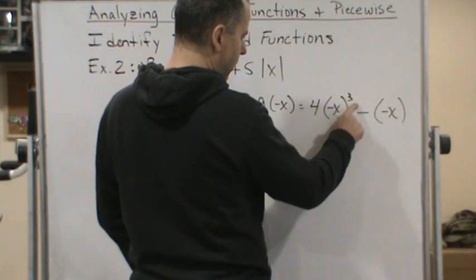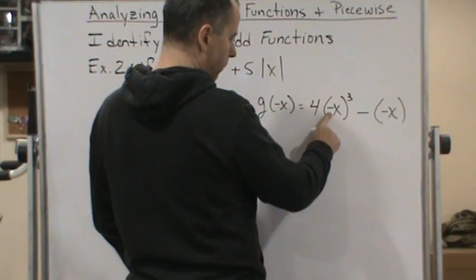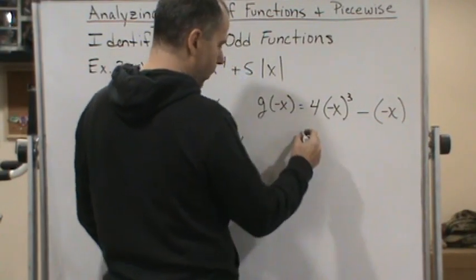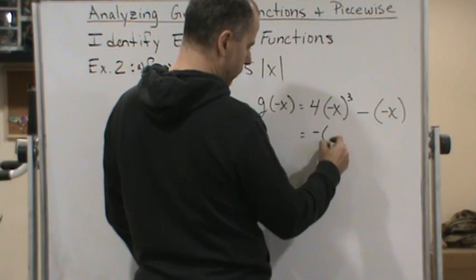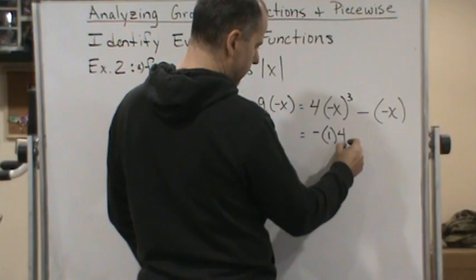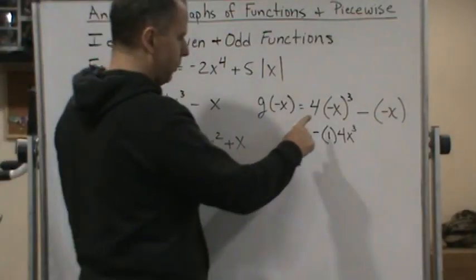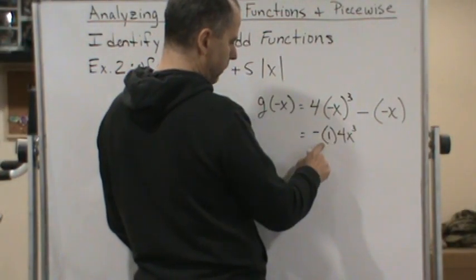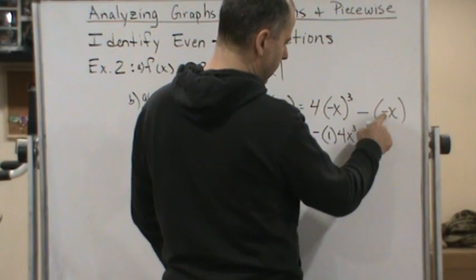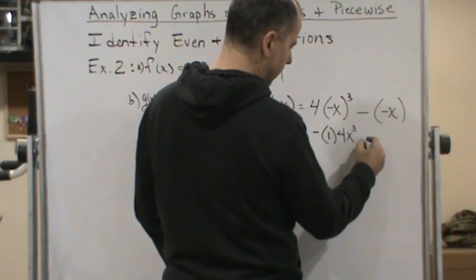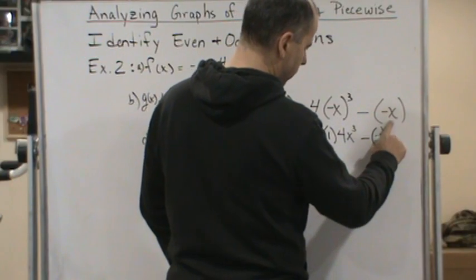Because this is an odd exponent, we know we're going to end up with a negative 1 on the outside. So negative 1 times 4x cubed, because we get negative 1 cubed, which is negative 1, and then x cubed, and then we have our 4. And then here, the negative comes out and we get a minus, and I'm going to leave the negative 1 here for a moment.